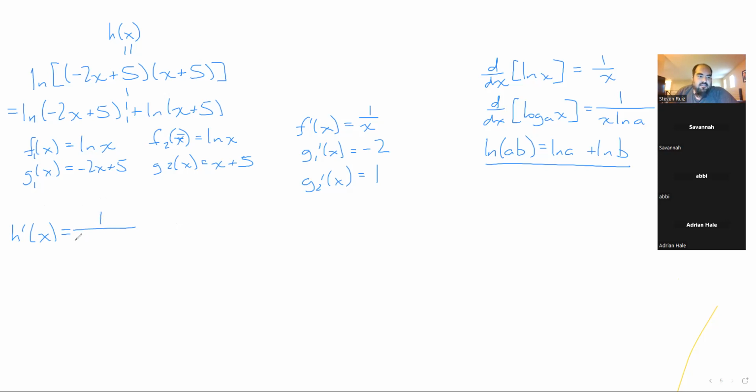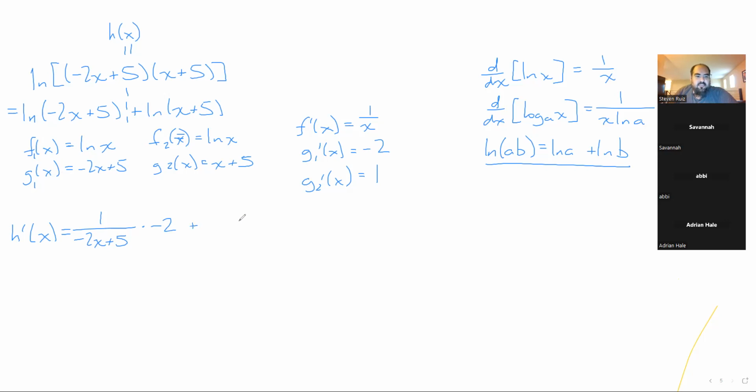It is -2x plus 5. And then I want to multiply that by the derivative of the inside function, which is -2. So I think that first one is done.